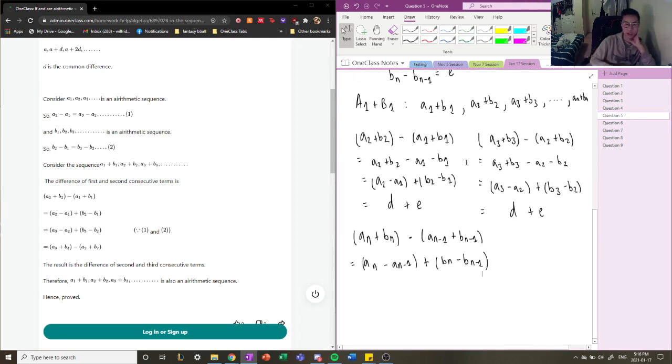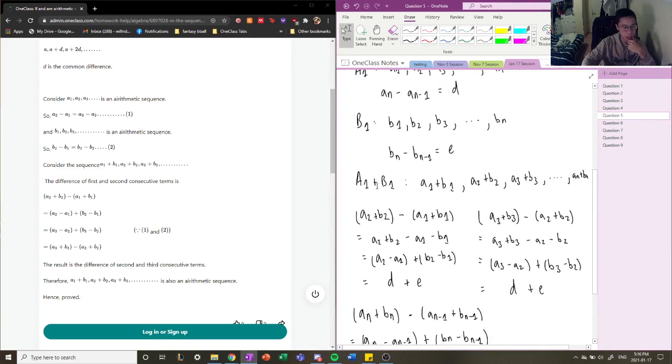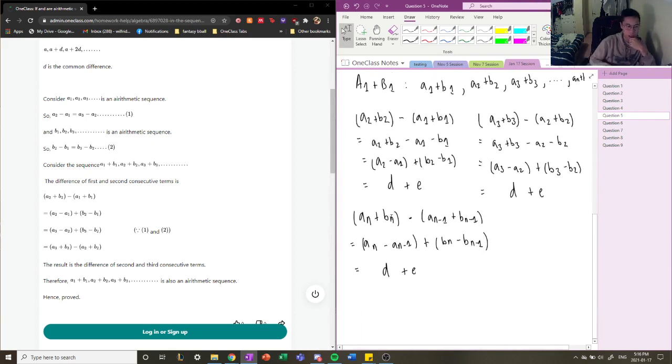Here, they have the same common difference again: An minus A(n-1) is D, and the common difference for Bn minus B(n-1) is E. So we have proven that in general, the common difference of our sum of the sequences is equal to D plus E. And since it is consistent across all the terms, we have shown that the sequence A1 plus B1 is also an arithmetic sequence.